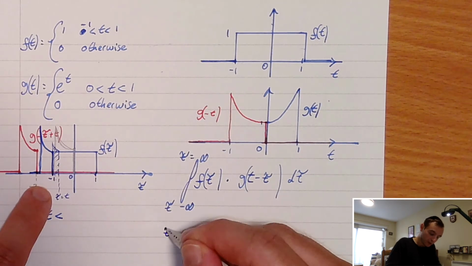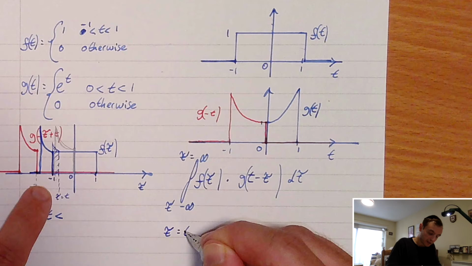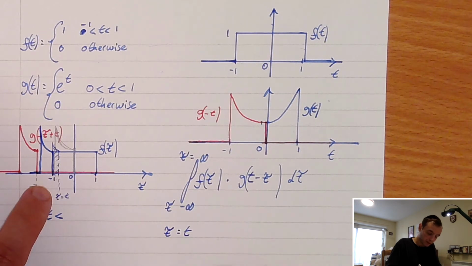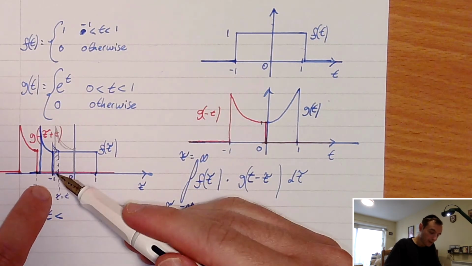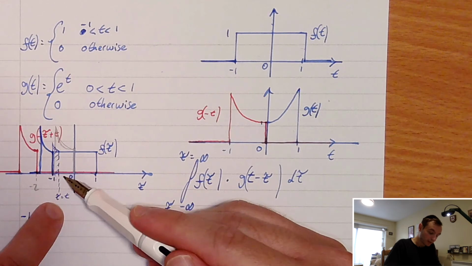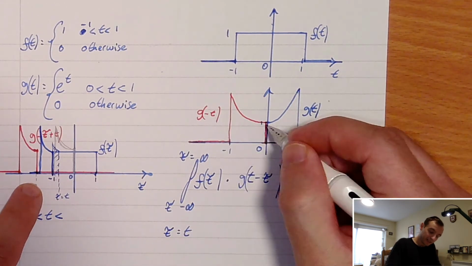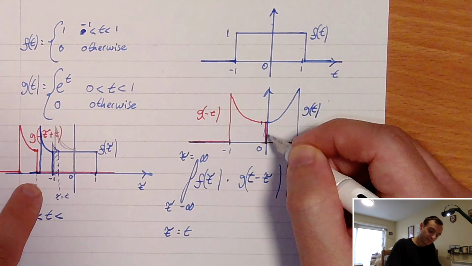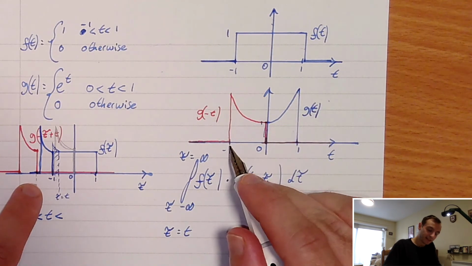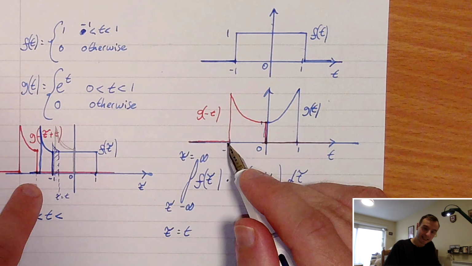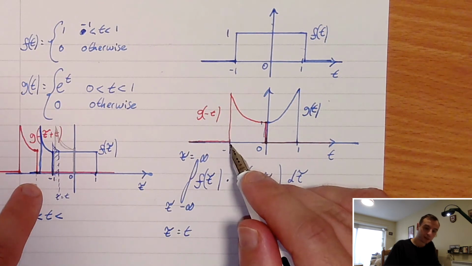That is really important that we understand why that's true, that the limits are going to be between t and minus 1. Not t and t minus 1. Remember, if this is the leading edge over here, this red line, and we'll call that t, then the trailing edge is always going to be minus 1 units behind. So we can call that t minus 1.